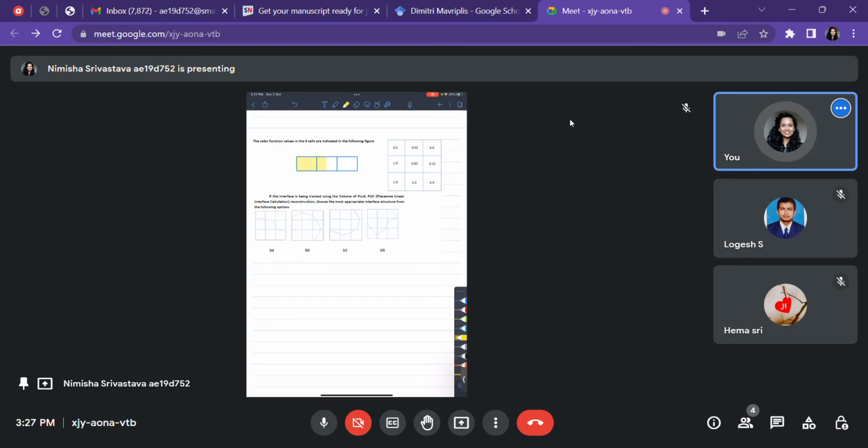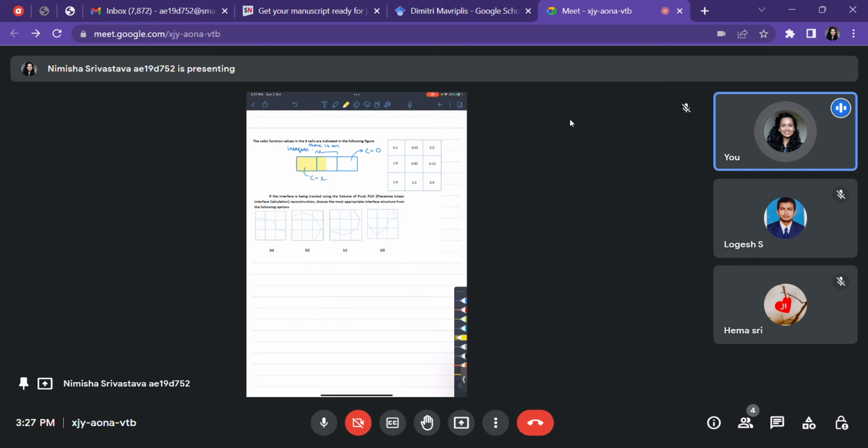So it looks something like this, and we define that wherever this yellow fluid is, we say that the color function is equal to 1, that is, it's completely covered by the yellow fluid. Wherever there's no yellow fluid, we say that c equals 0. Okay, and when we have a value which is intermediate between 1 and 0, there is an interface in the cell. Okay, so we can tell over here, let's see what each of these cells are telling us about the yellow fluids.